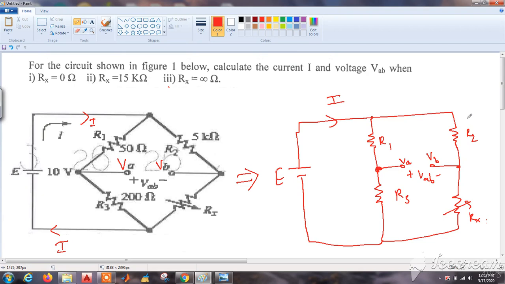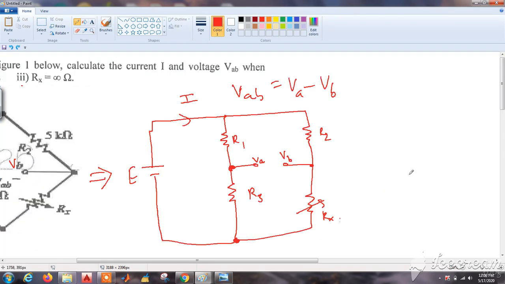I have already said that the voltage VAB is the difference between voltage VA and voltage VB. The voltage VA is the voltage which appears across the resistor R3. Similarly, VB is the voltage which appears across the resistance Rx.